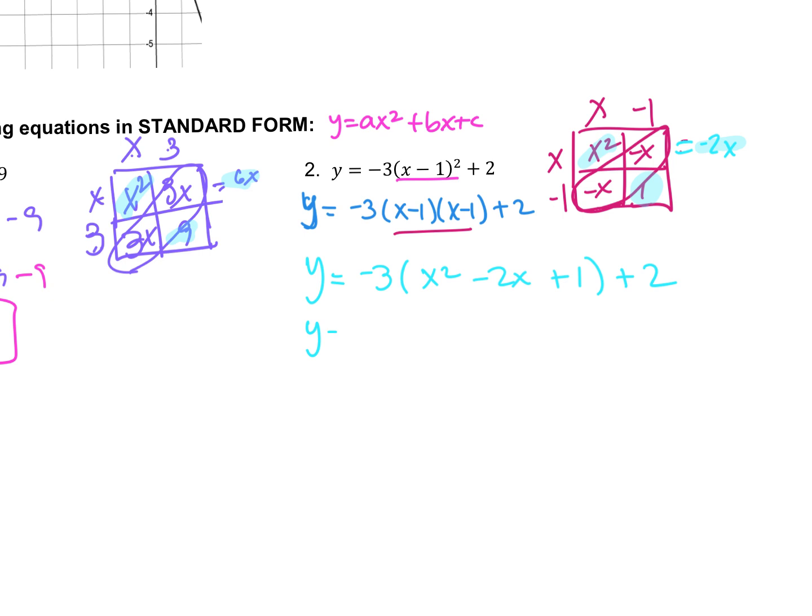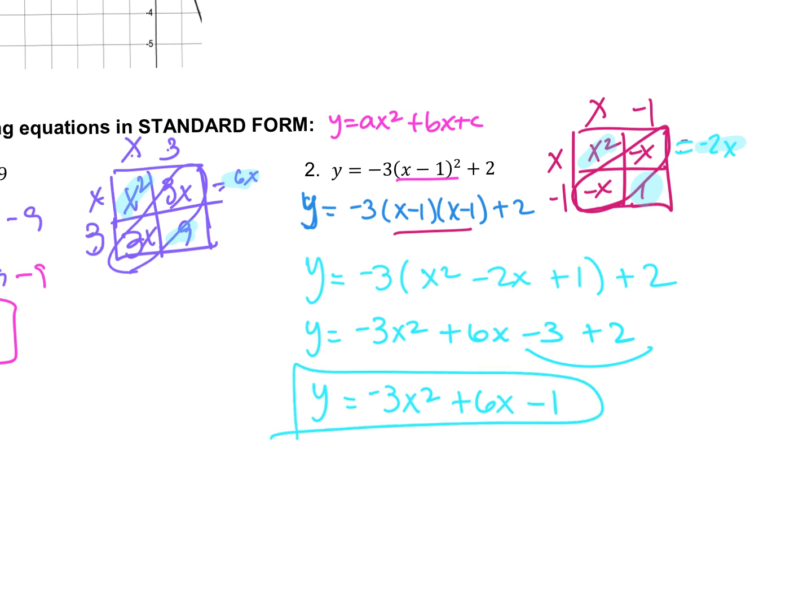So we got y equals -3x squared plus 6x minus 3 plus 2. And so now combine like terms, y equals -3x squared plus 6x, -3 plus 2 is a -1. And that's your solution. Again, pay attention to that. This a is the same as this a.